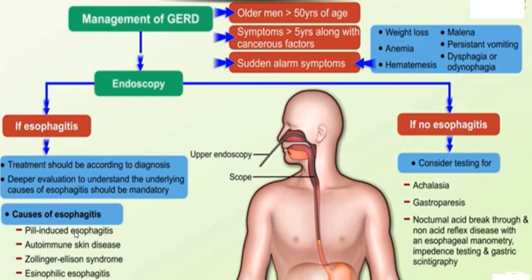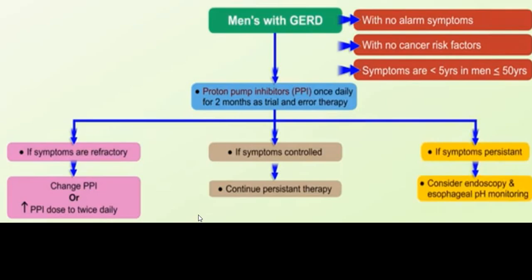Also, there are certain causes of esophagitis like pill-induced esophagitis, autoimmune skin disorders, Zollinger-Ellison syndrome, eosinophilic esophagitis, Barrett esophagus; all these things should be ruled out. So this is one simple way of approach.